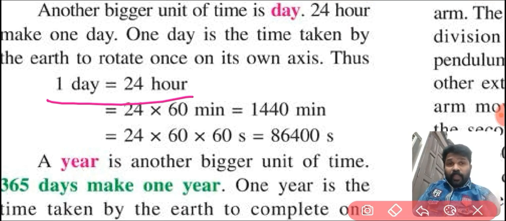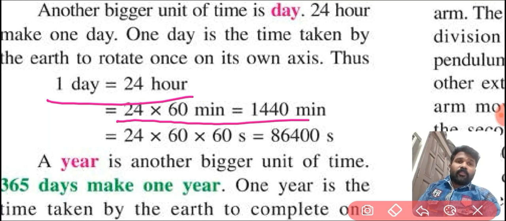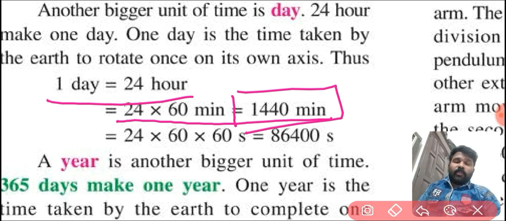Then how many minutes are in 1 day? That can be found by multiplying 24 hours into 60 minutes, since 1 hour is equal to 60 minutes. That gives the minutes contained in a day.